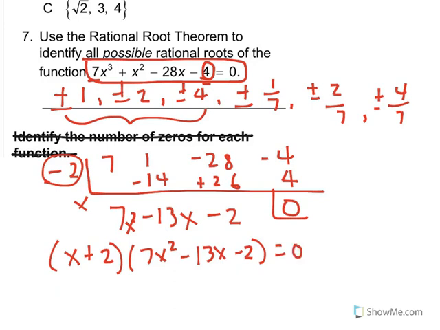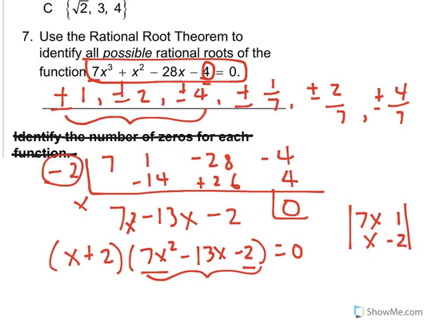And we're going to try to factor the right hand side, and we can use the two-column method right here. So to get 7x squared, we can use 7x and x. That would be the only way to achieve that product. And to get a -2, we can try 1 and 2.